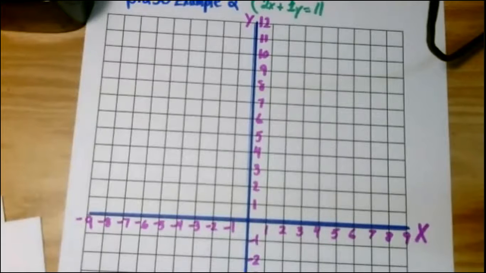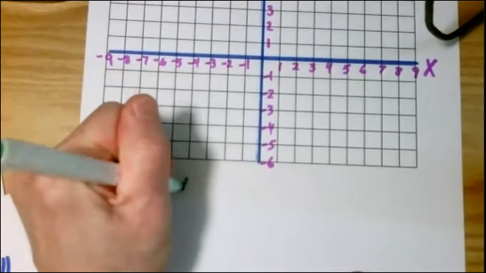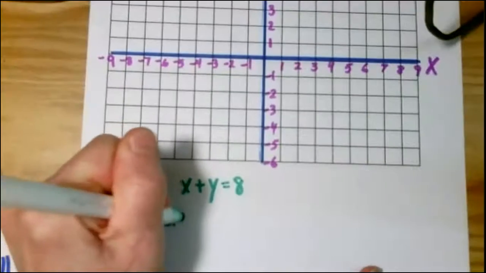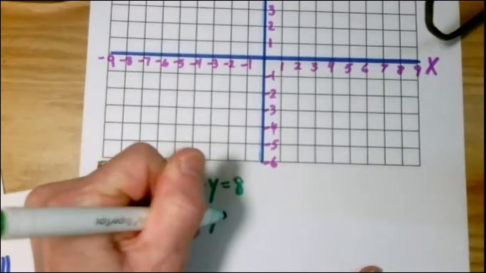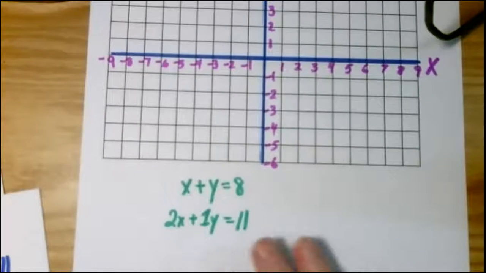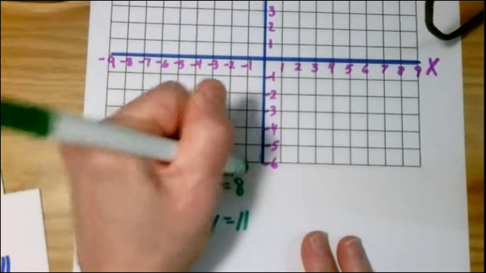So in order to graph these 2 equations, x plus y equals 8 and 2x plus 1y equals 11, I have to get them into a certain format. Right now they are currently in standard form.